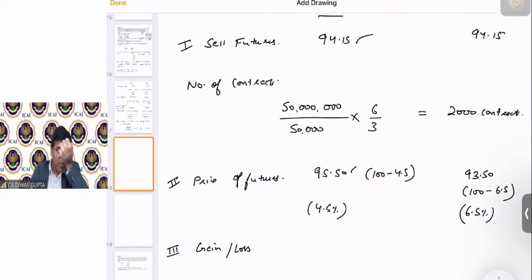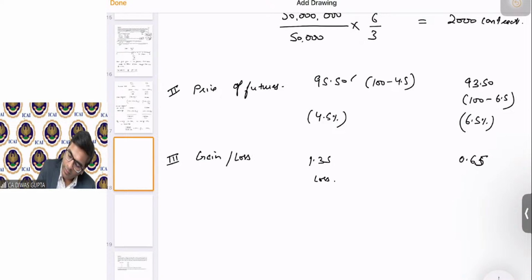So that means there is a loss of 1.35. 5.85 minus 4.5, yes, 1.35, there is a loss. Similarly, here there is a gain. Gain of how much? 94.15 minus 93.50, which is 0.65. There is a gain, students, here, right?